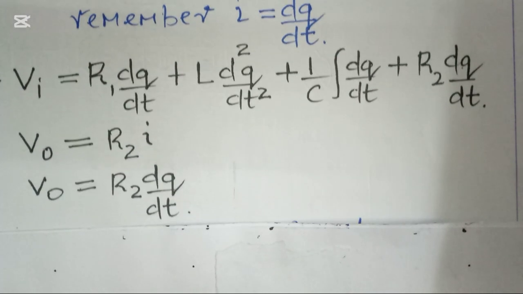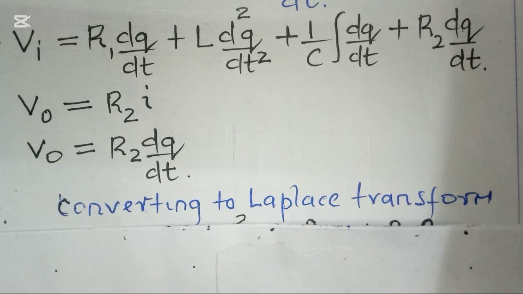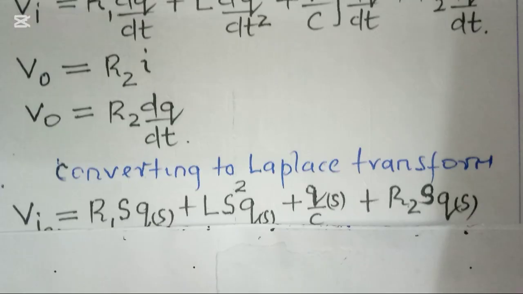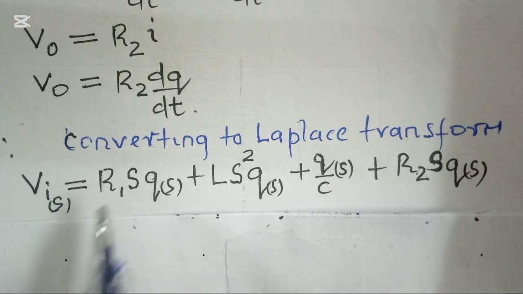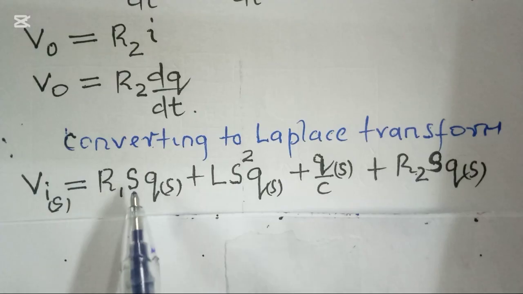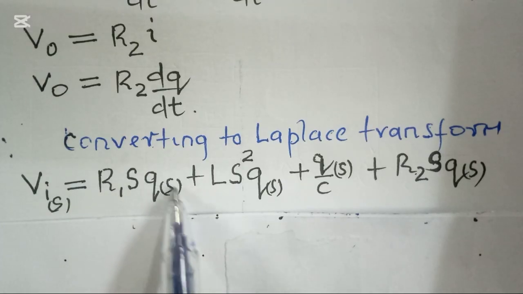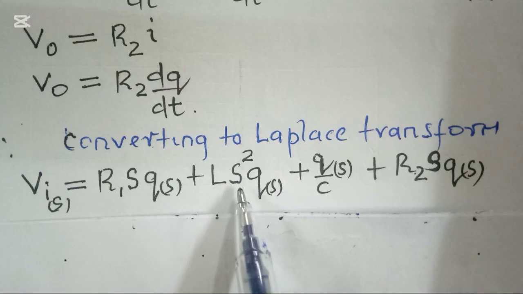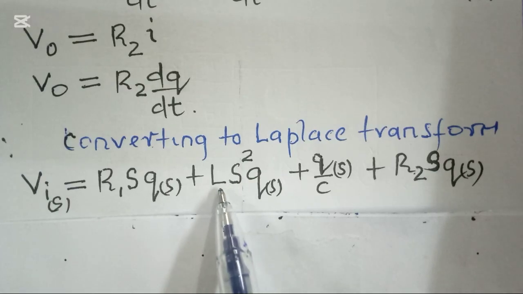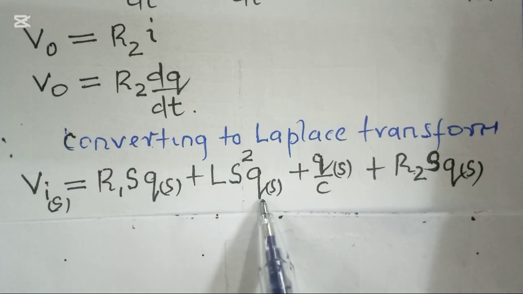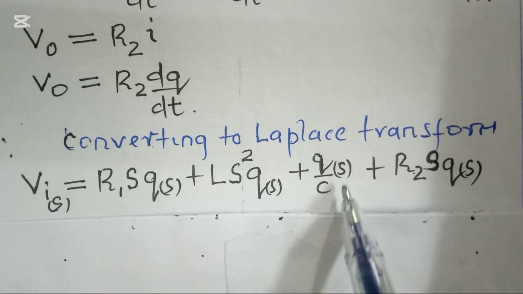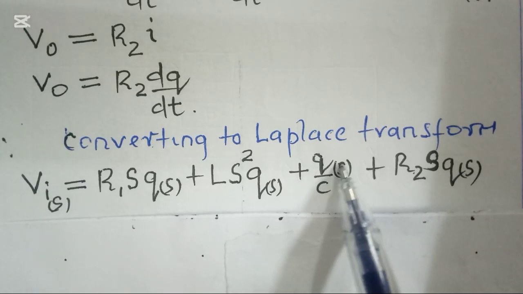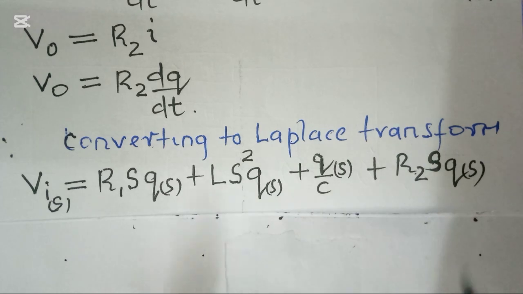From there now we can write in Laplace transform. We convert that to Laplace transform. This is what we shall have. For the resistor, the dq dt will be SQ, that is S, plus for the inductor we shall have LS squared Q S, plus for the capacitor, remember we have the Q, so this one we just add the S there.